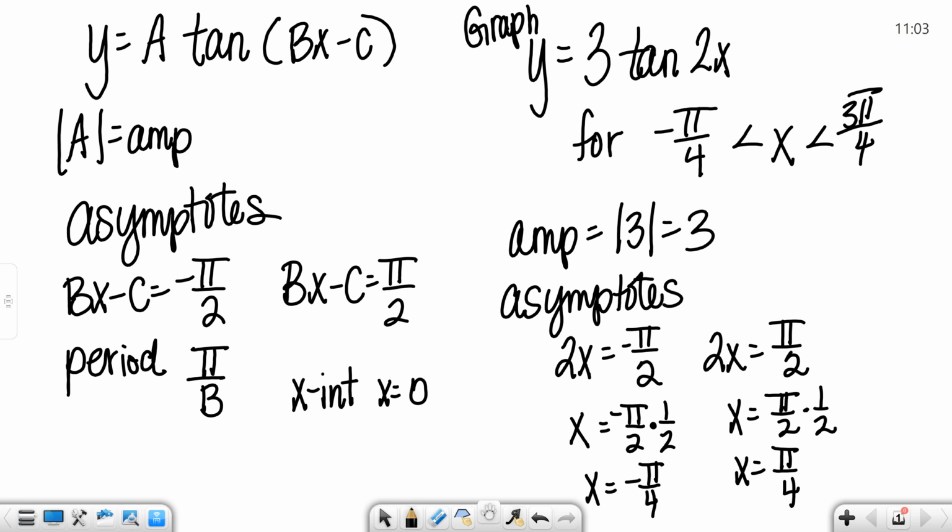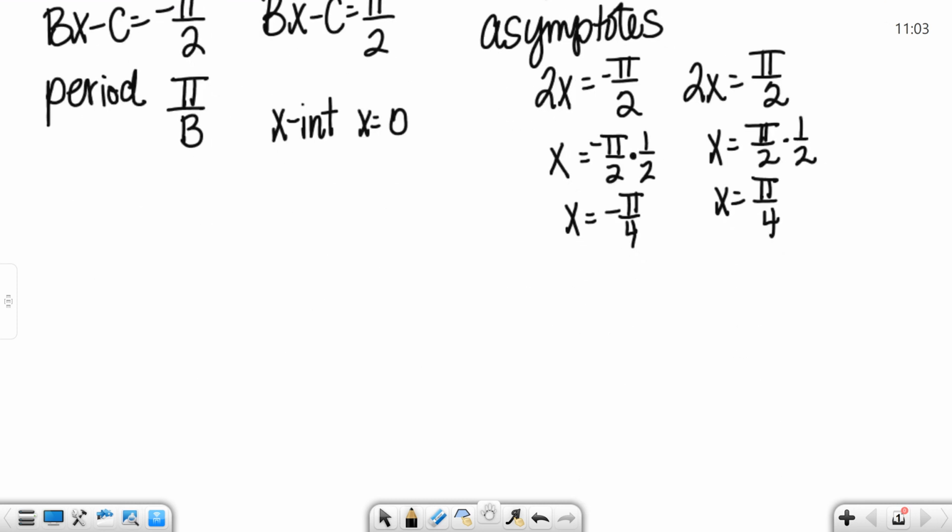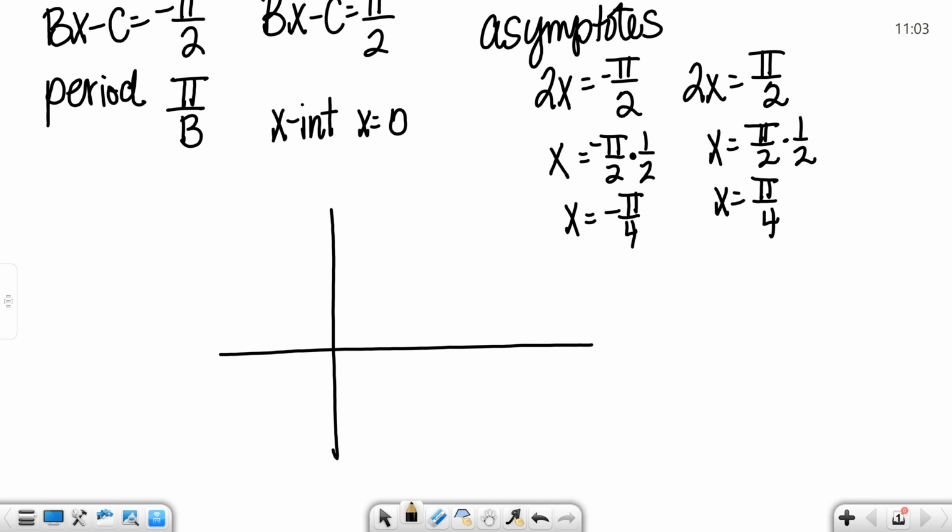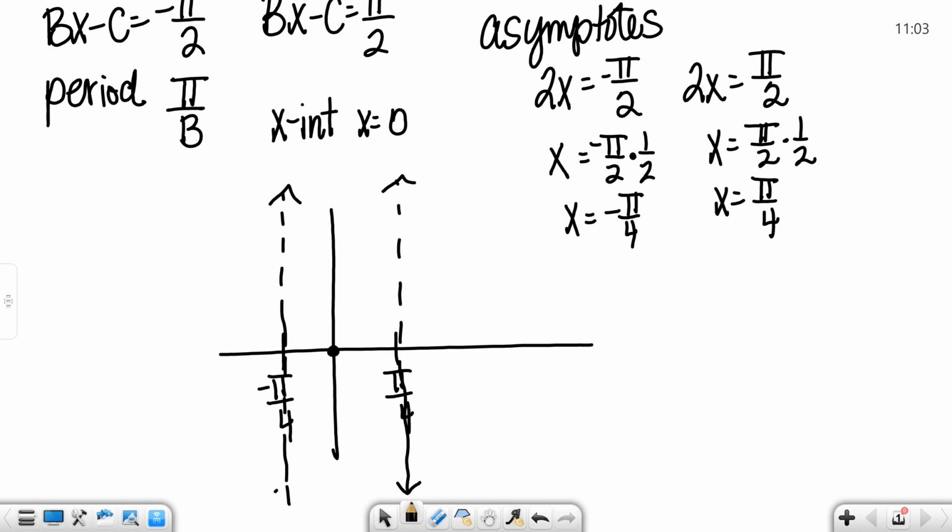All right, so now I'm semi-ready to do a graph. So let's go ahead and try to put what we have on a graph. All right, so I know I've got an asymptote at negative pi over 4. I know I've got another asymptote at positive pi over 4. I know I have an x-intercept at x equals 0. Those are the things I do know, without a doubt.